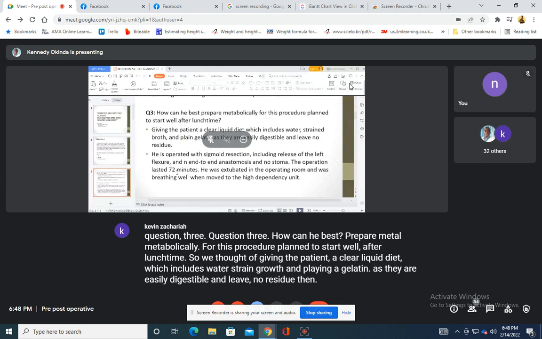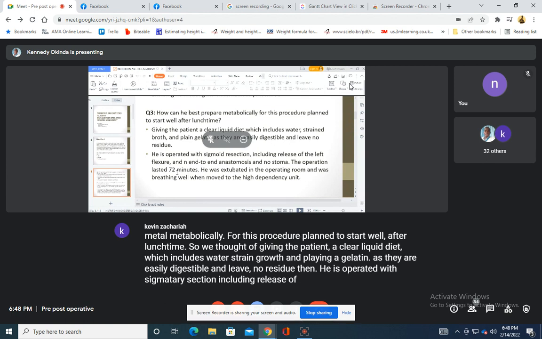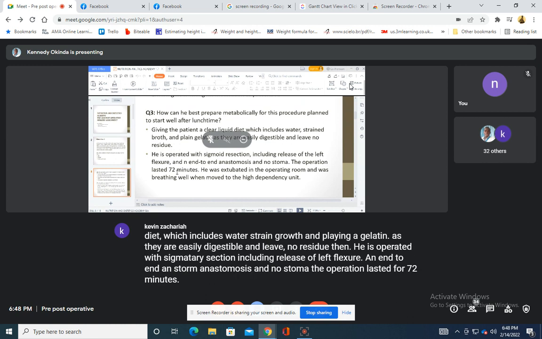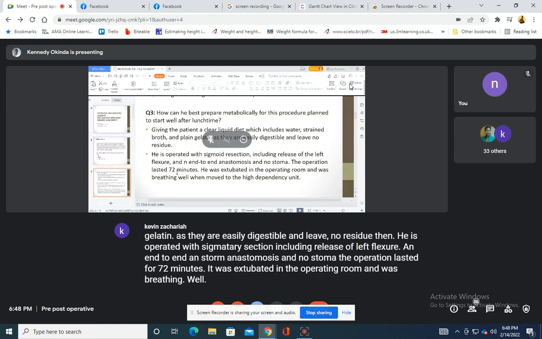Then he is operated with sigmoid resection, including release of the left flexure and an end-to-end anastomosis and no stoma. The operation lasted 22 minutes. He was extubated in the operating room and was breathing well when moved to the high dependence unit.